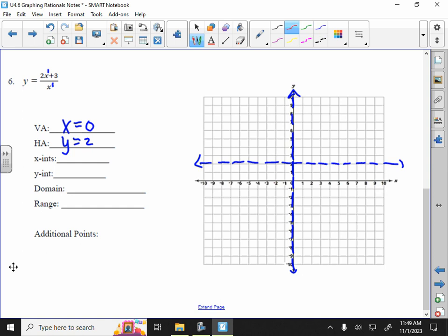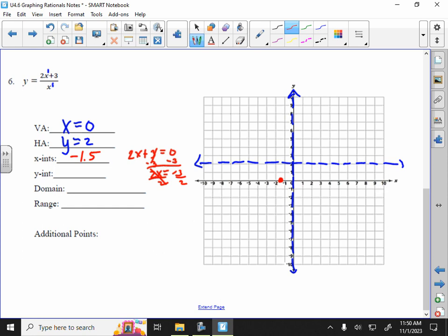X-intercept, set the top, or numerator, equal to 0 and solve for x. All right, so that's -3 over 2. For graphing, we could say -1.5. So on the x-axis, it's going to cross through -1.5, right there.